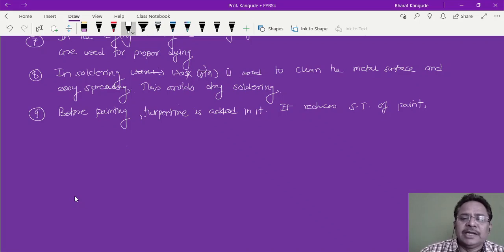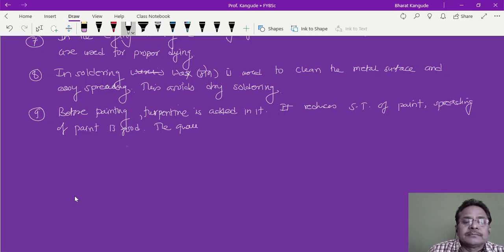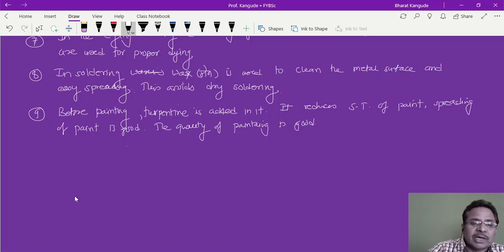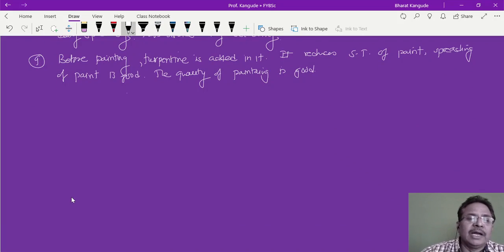When turpentine is added in it, its surface tension gets reduced, and spreading of paint is good, and the quality of painting is nice. So this is one reason that turpentine is usually added in almost all types of paints for a better painting.